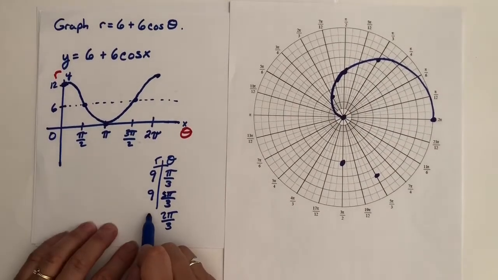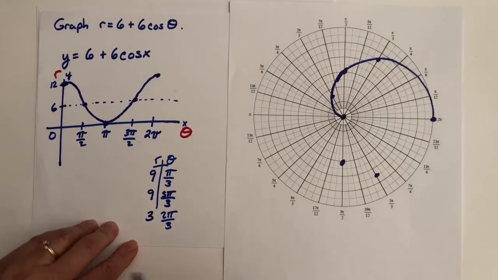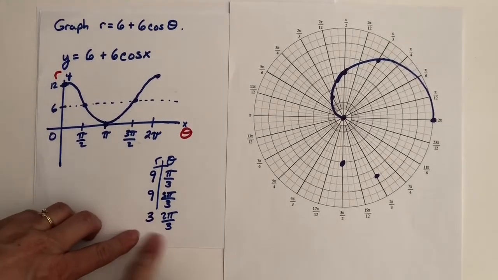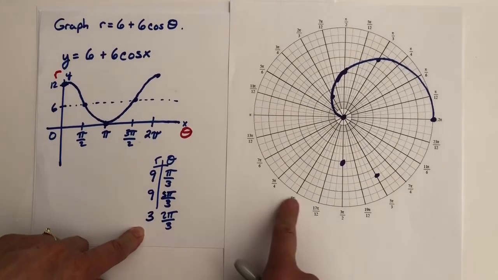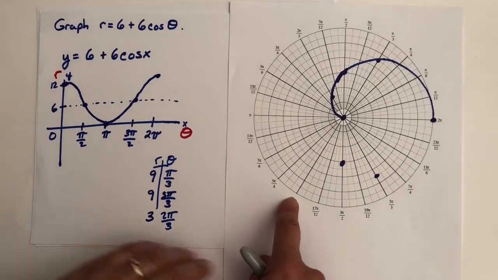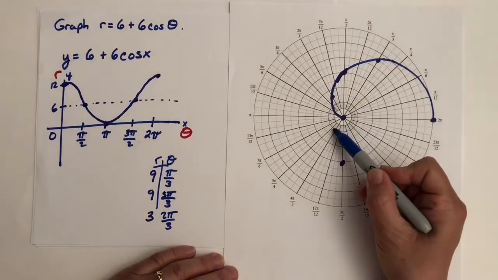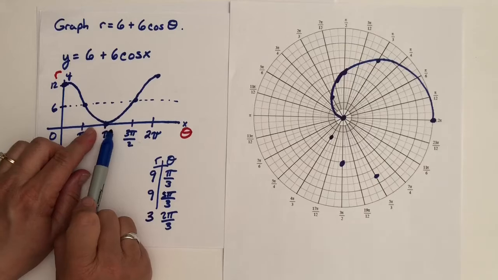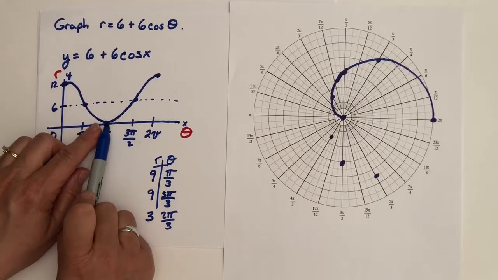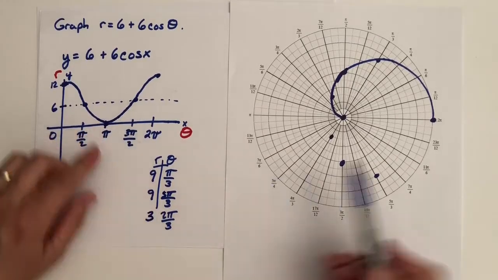Similarly, I should have put the 3 right here. Here's my r and theta. Similarly, if you put in 4 pi over 3, you'll get 3 as well. So let's put in that point right here. So between pi and 3 pi over 2, your r values are getting bigger.